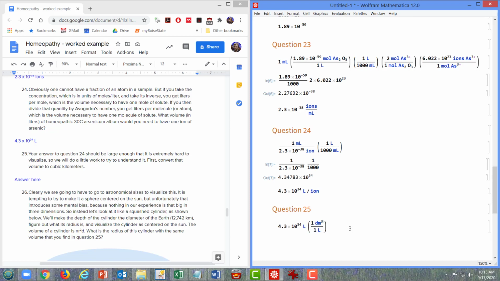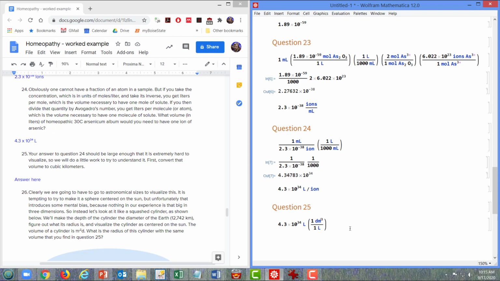You can do it that way, but that is a little bit less common than some other conversions. One conversion that I do hope you remember is that 1 milliliter is a cubic centimeter. So in order to use this conversion factor, though, we first need to convert from liters to milliliters.